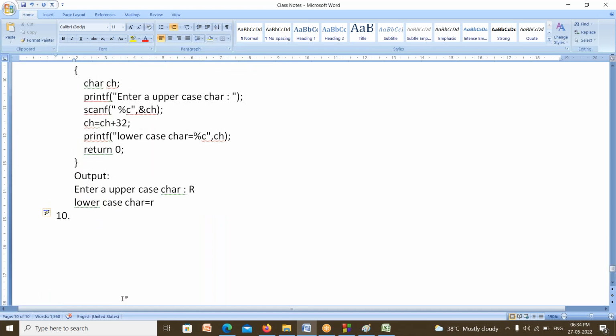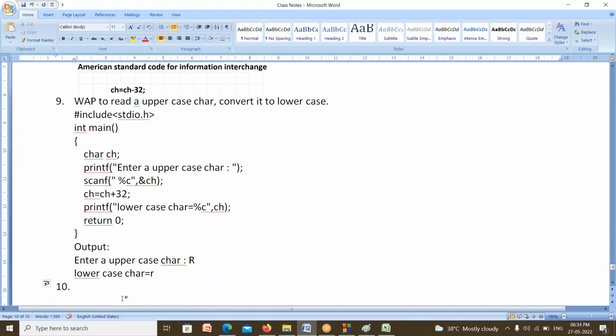Today I will explain some programs on operators. First program: write a program to find the sum of n natural numbers. What is the meaning of this?